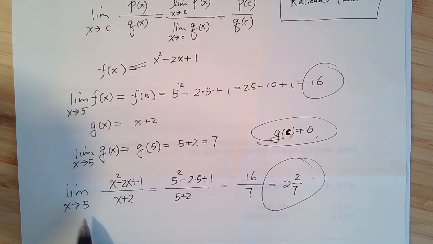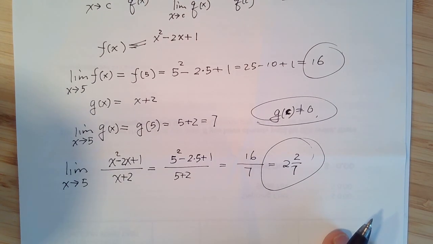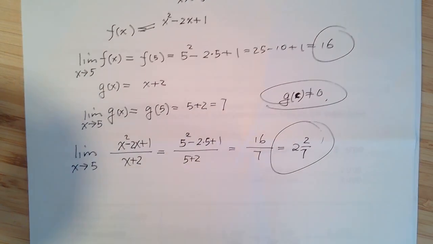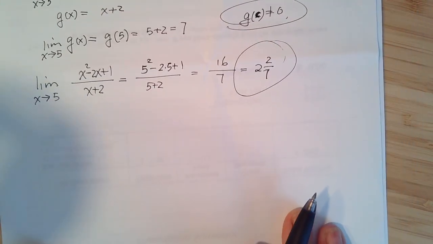Then again, if you have a rational function, and x equals 5 does not make the denominator 0, then you can just go ahead and use the substitution method. So this is 1.3. Are we ready for 1.4?